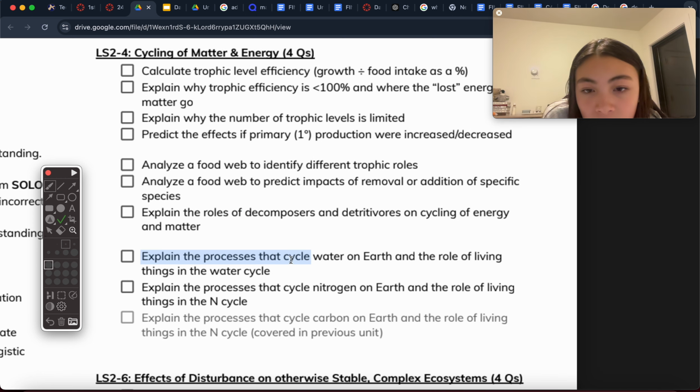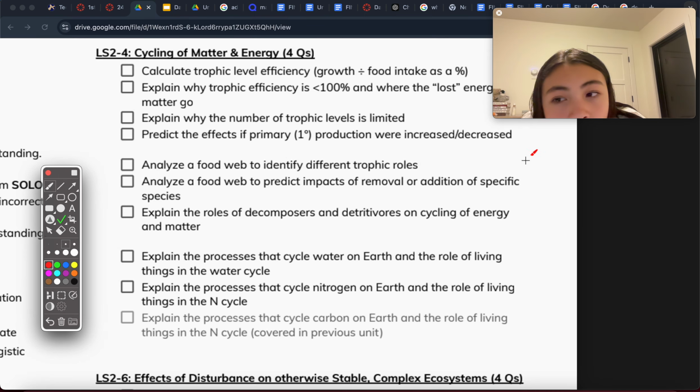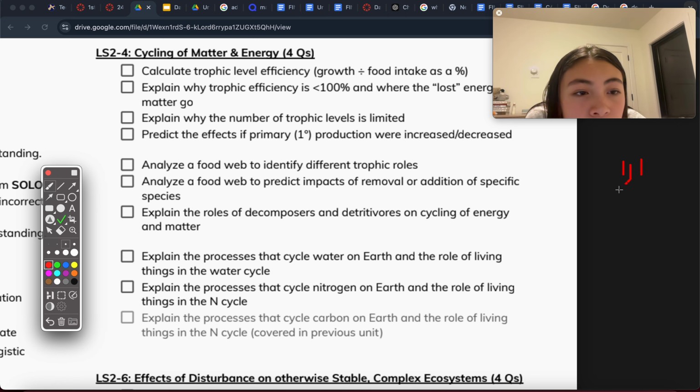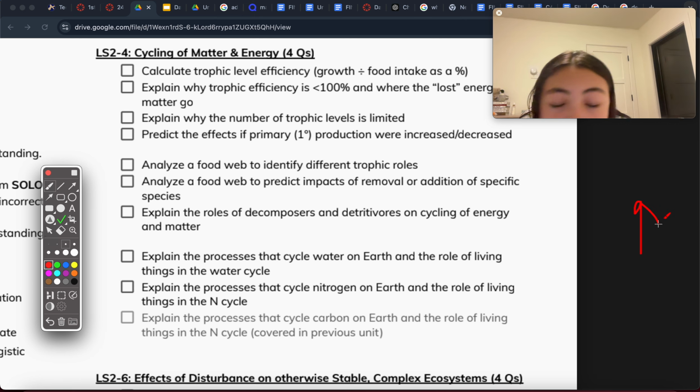Explain the processes that cycle water on Earth. Oh, okay. This is on the test. There's probably going to be a diagram if it gives you this question. Trees have transpiration, when they send water up. There's surface runoff, there's precipitation, which is rain and snow and all of the above, and then there's evaporation, which is water going into the atmosphere.